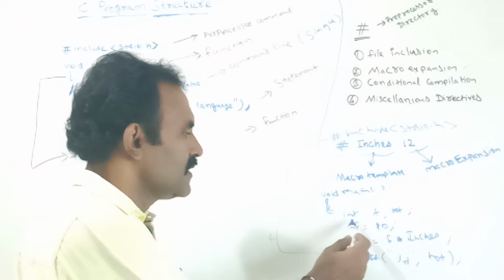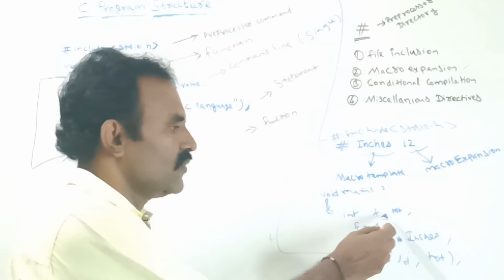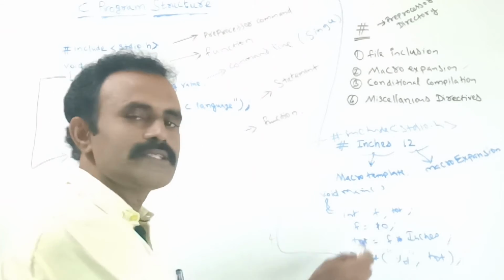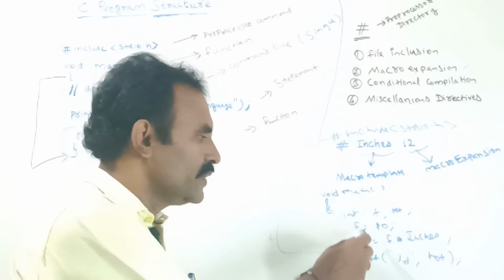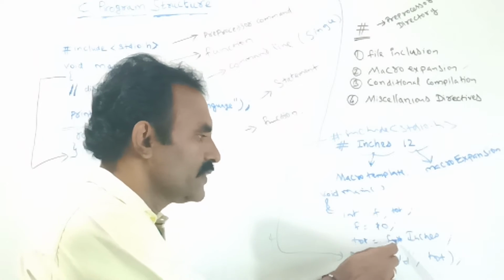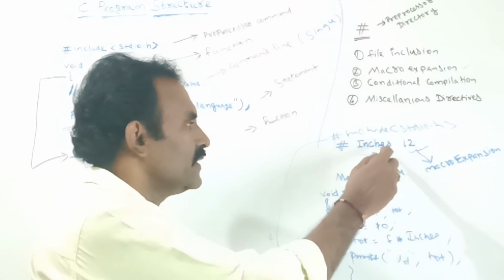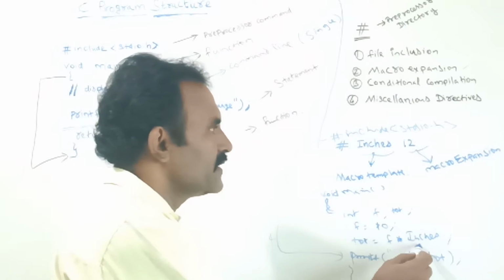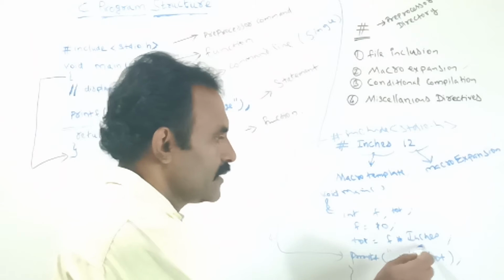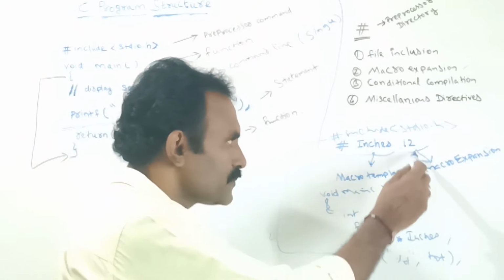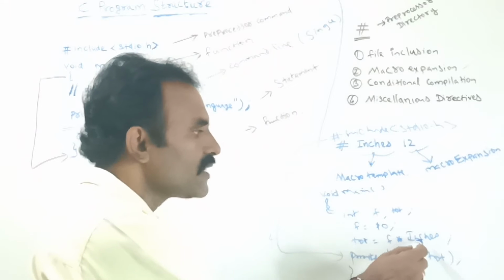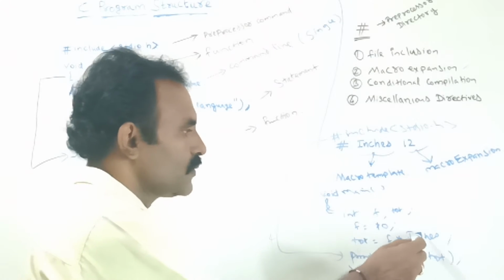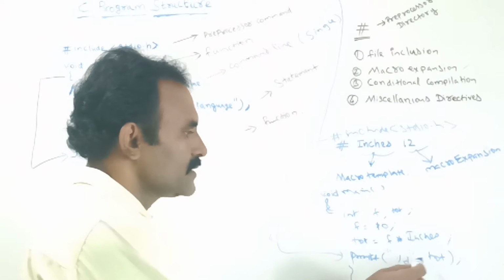From the main function, I have declared two variables, one is f and another one is total. I am assigning the value 10 to f, and now total is equal to f into inches. That means whenever we define the macro template, the macro expansion value will be substituted. So f into 12, that is 10 into 12, 120. The total inches is equal to 120.